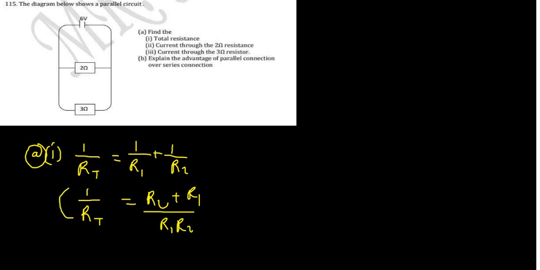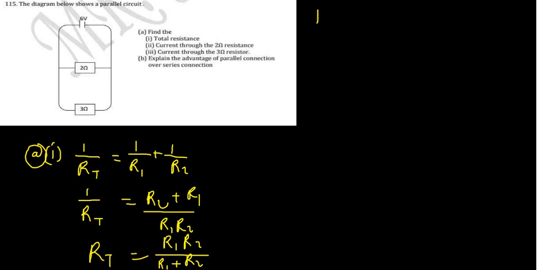So if I take R total on top and 1 comes down, we are going to have R total equal to R1 R2 divided by R1 plus R2.